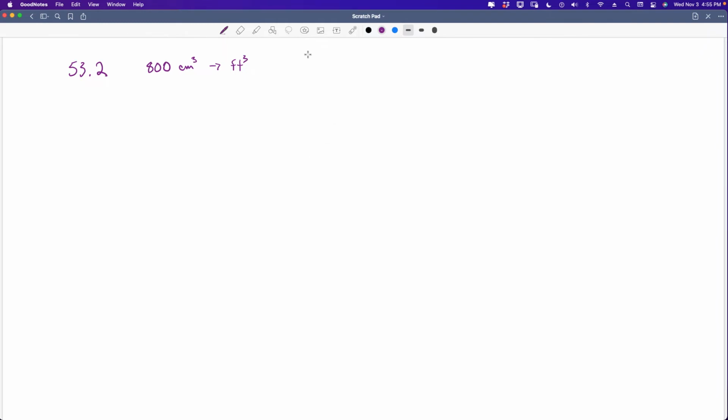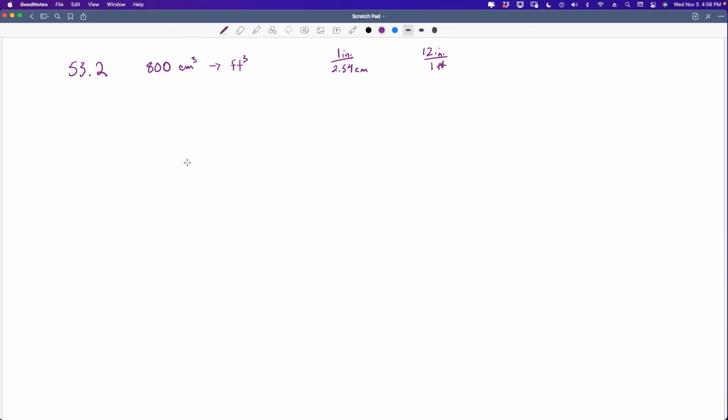I'm going to do it the old way first, and then I'll show you the new way. All right, so we need to have our unit conversion. So 1 inch is 2.54 centimeters, right? And 12 inches is 1 foot. All right, there's our reference.